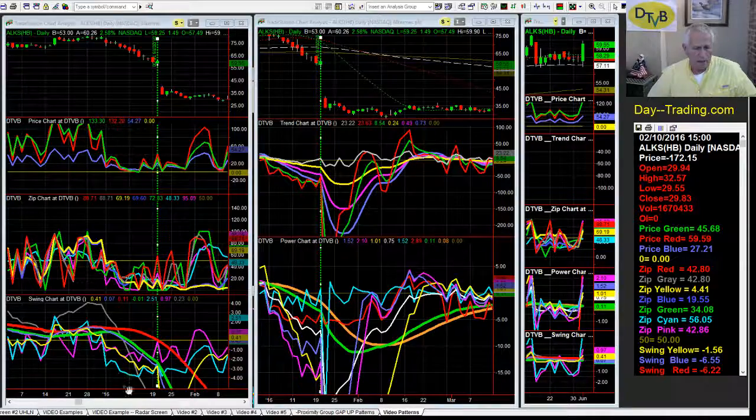And going on, if you go over here to the swing chart, the swing chart has the swing pink uptouching onto the swing red, and at the same time uptouching onto zero. And so that's a double uptouch. The swing yellow and swing Zion are uptouching into the trend green. So we literally have a huge number of uptouches in this example, which greatly multiply the pushback of the move.